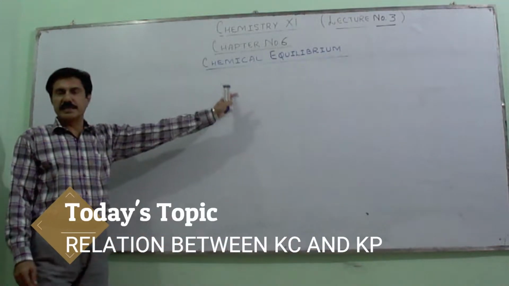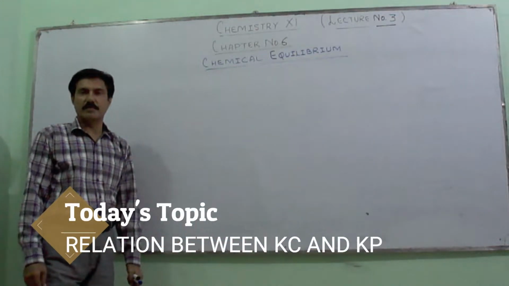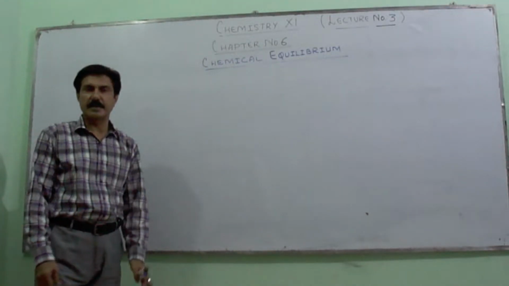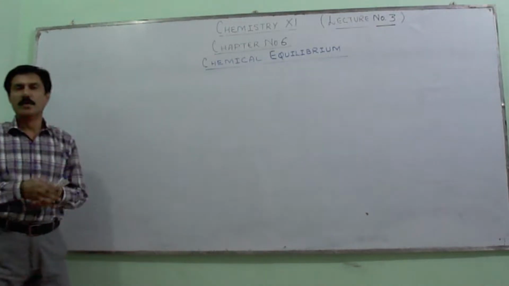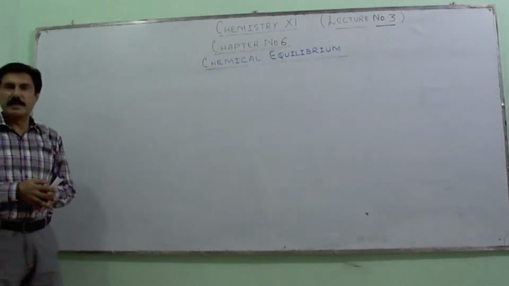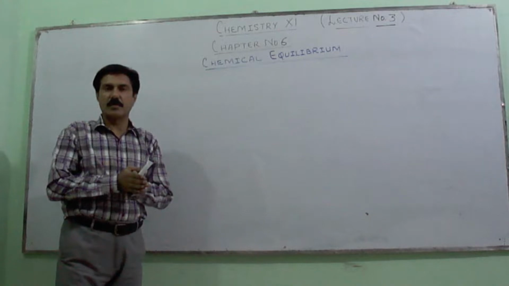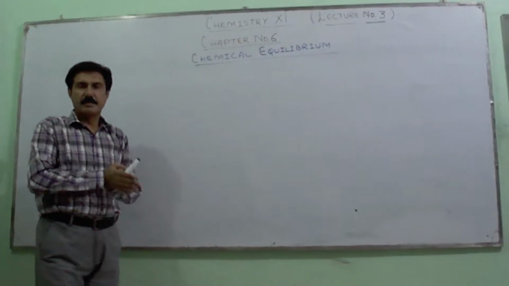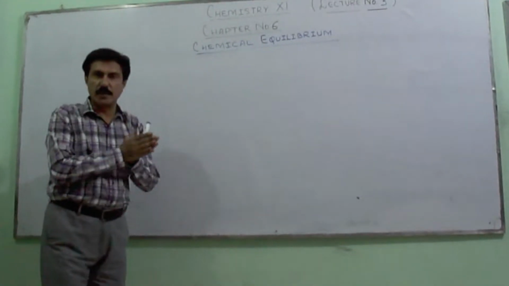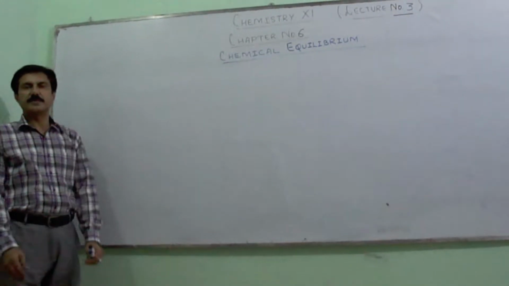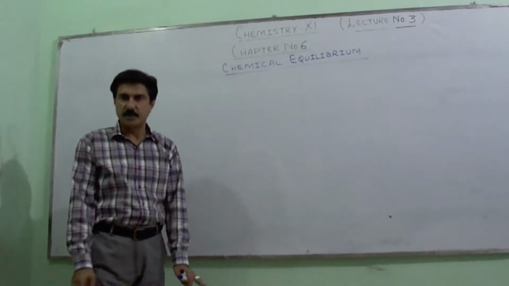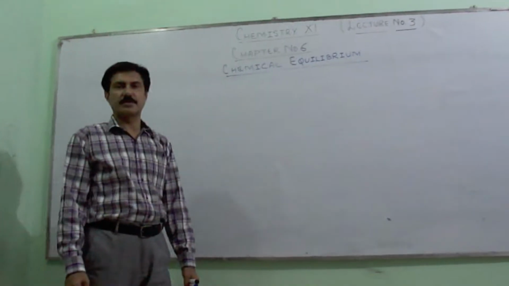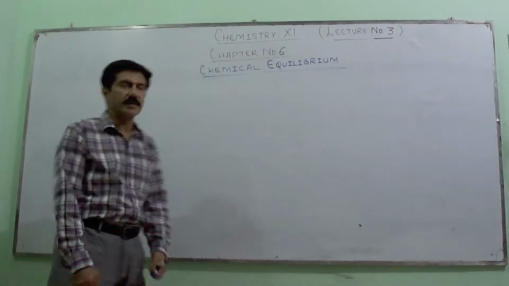Before starting today's lecture, I must refresh your minds about what we did in our previous lecture, lecture number 2 from the same chapter. We discussed the law of mass action, or law of equilibrium, and at the end we got the equilibrium constant expression, in which the equilibrium constant Kc was mathematically equal to the concentration of products upon concentration of reactants.